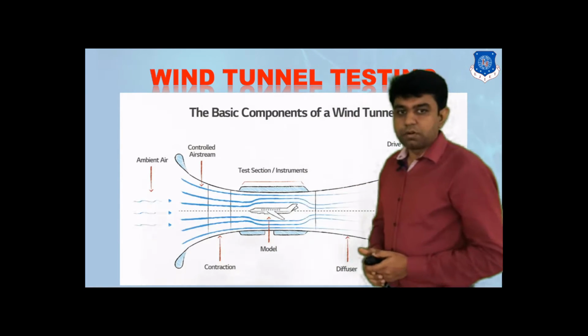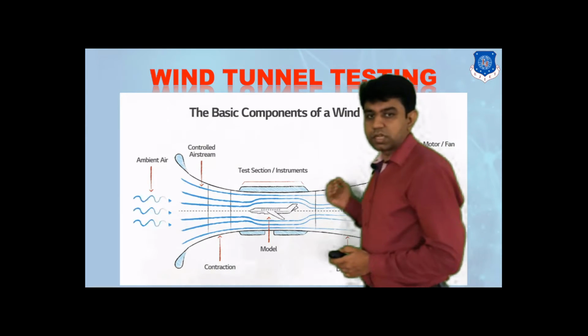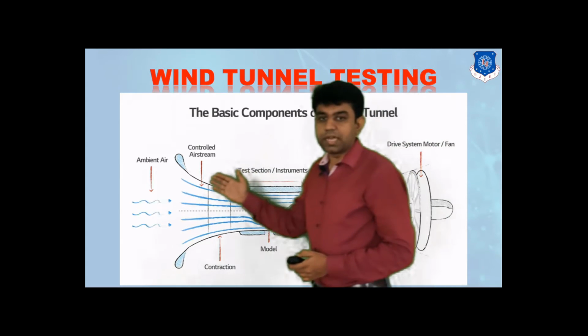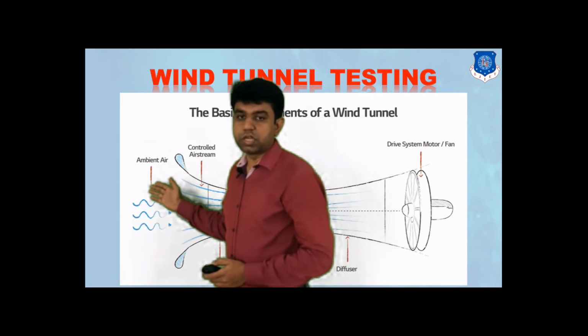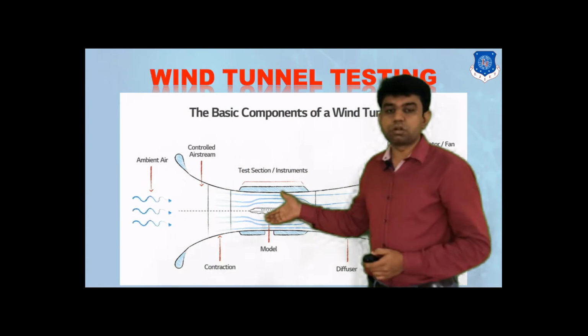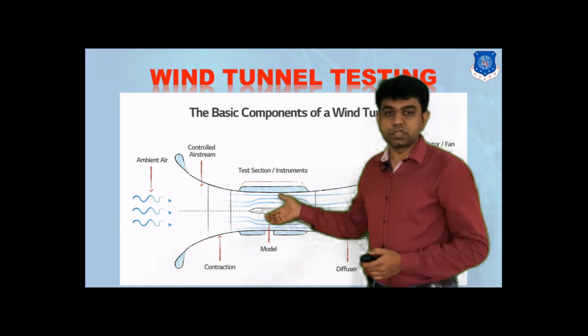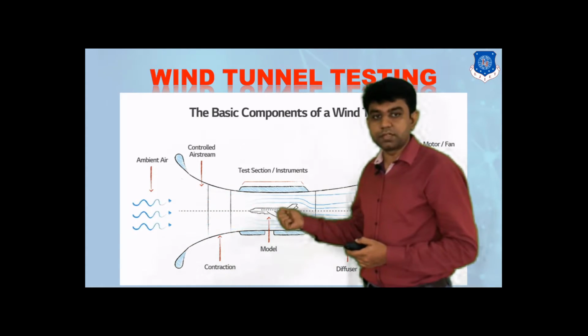When we talk about the basic components of a wind tunnel, it appears like this kind of setup. Starting from the extreme end, we have the narrow section through which the ambient air is taken inside. The center part is normally called the test section, in which the automobile body on which we need to evaluate the lift and drag would be kept.